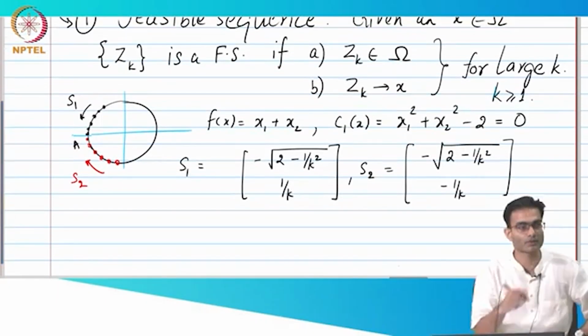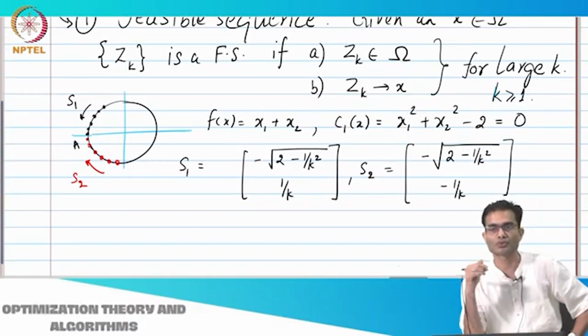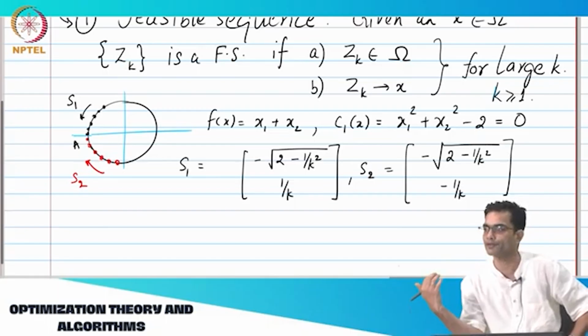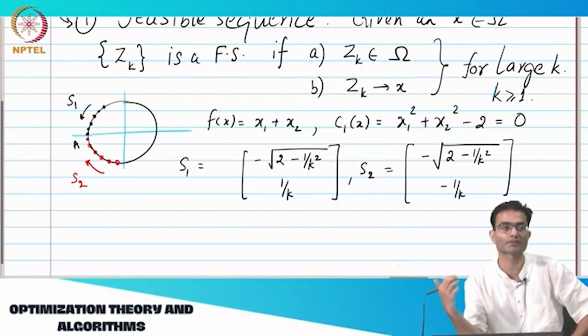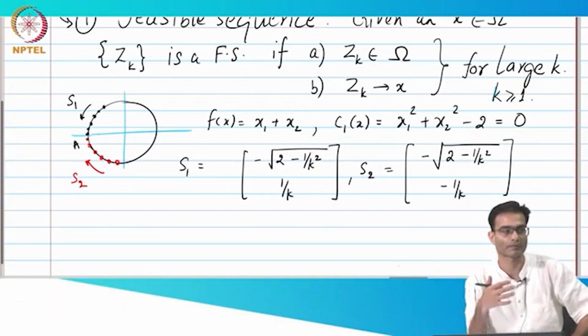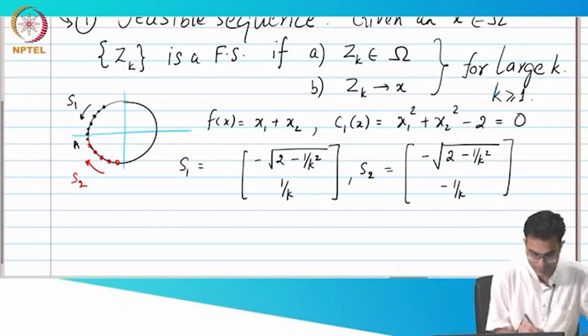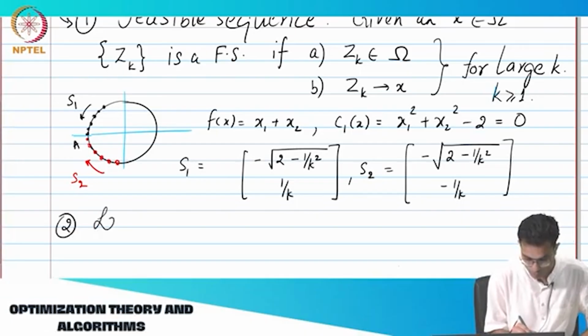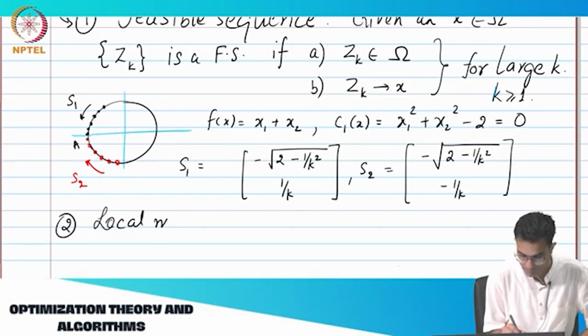Now related to the question you asked, using the concept of feasible sequences, we can have a different alternate definition of what is a minimizer, or what we are calling a stationary point. So let's call that point number 2, local minimizer.